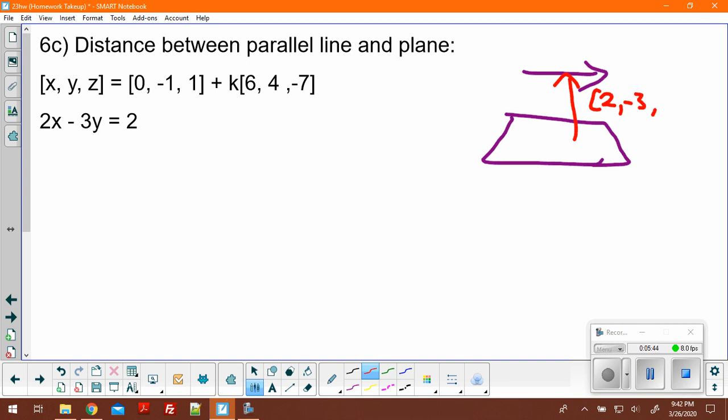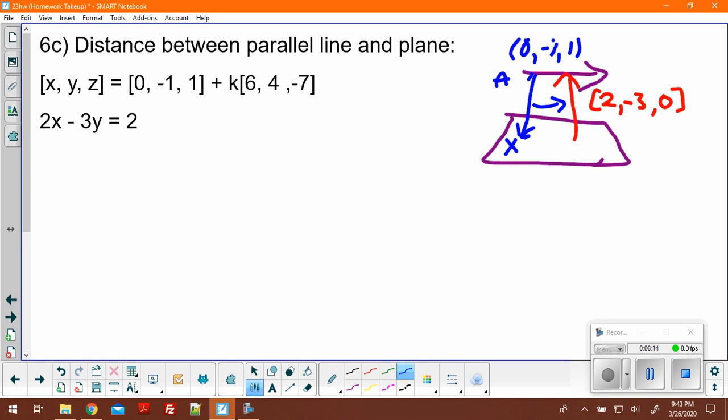There is no z term, so my third coordinate is going to be 0, and that's my normal. I do know a point on the line, so let's call that A. And that point is 0, -1, and 1. So I'm going to find some other point on the plane. We'll call that X. Then we'll project that onto the normal, and that will give us our distance.